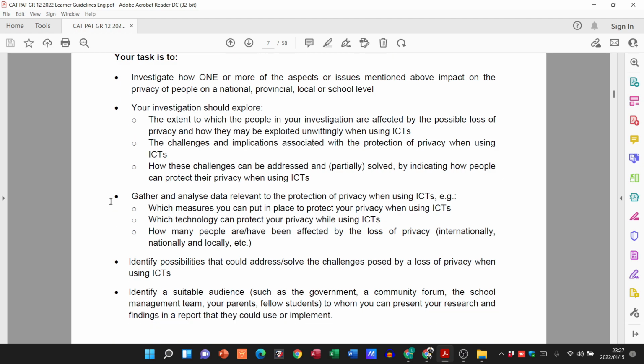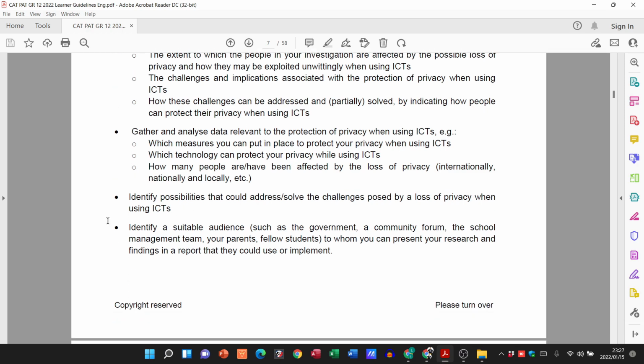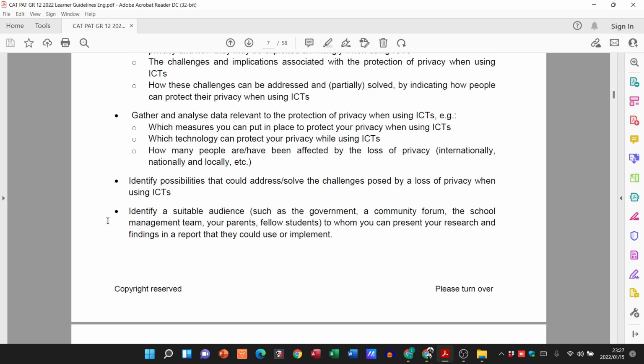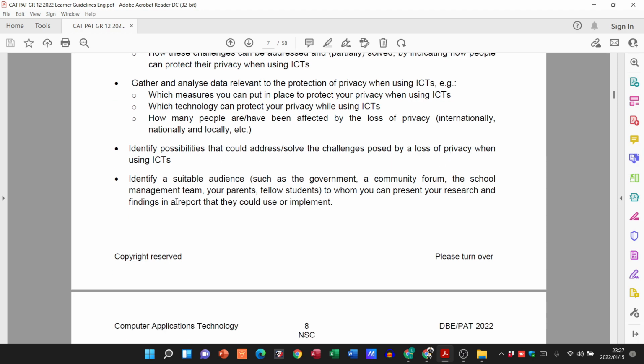Gather and analyze data relevant to the protection of privacy when using ICTs. Which measures can you put in place to protect your privacy? Which technology can you use? How many people are or have been affected by a loss of privacy? Again, everything is spelled out fairly clearly here. Identify possibilities that could address or solve the challenges posed by a loss of privacy.